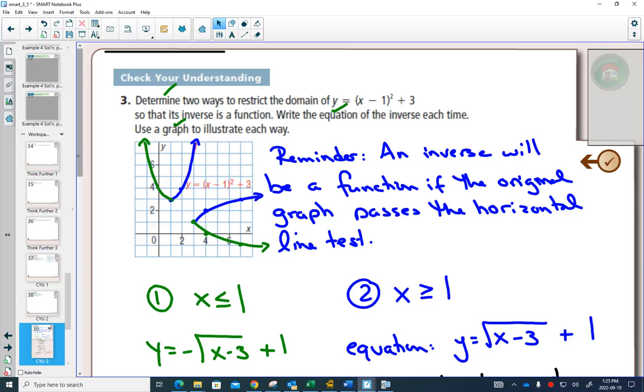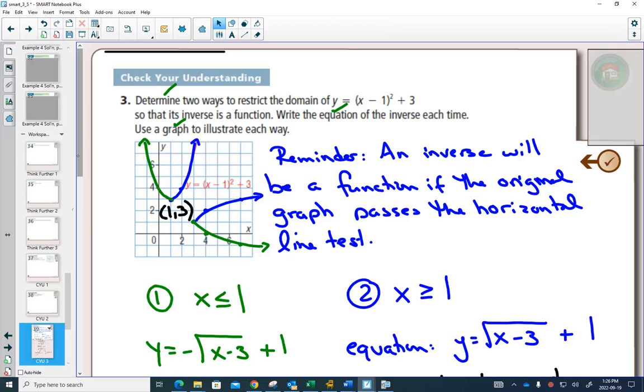What question is it? Someone? Yes, number 7. So number 7 on your second take-home quiz is just like this. Just the vertex is in a different place. So notice that on my original graph, my vertex is at 1, 3. The x-coordinate of the vertex is what was your domain restriction.